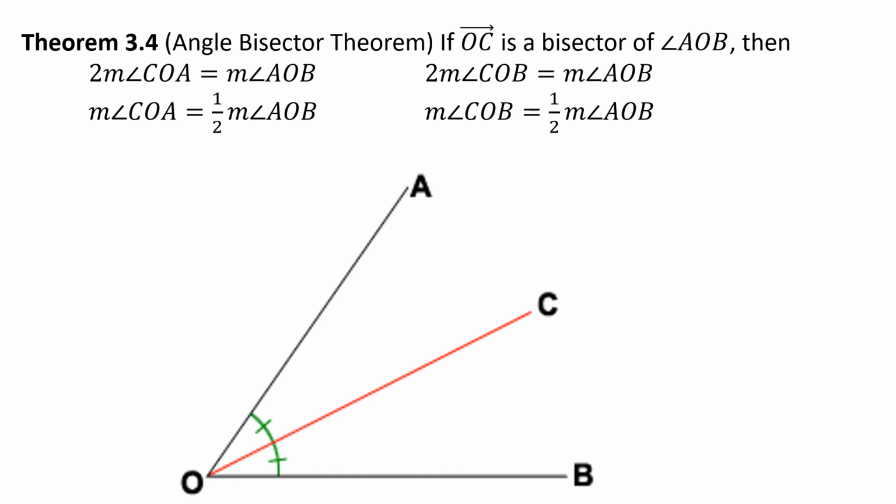So ray OC divides our angle into two congruent parts or congruent measures. So how many degrees is our angle AOC? That is 30 degrees. And then our angle COB is 30 degrees.